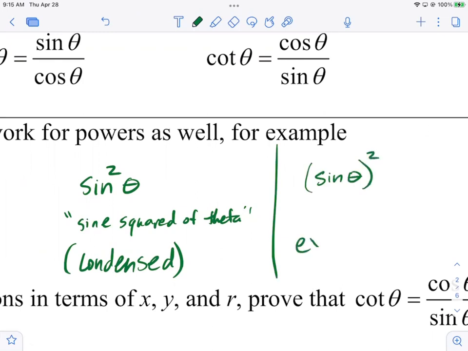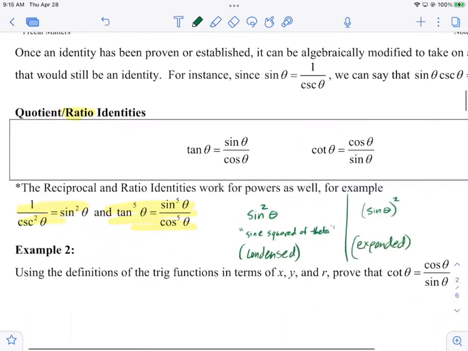This is the expanded version. And this one is good if we want to use it. All right. So if I actually wanted to evaluate sine squared of theta for a specific theta, I would write it on the right-hand side. I would find the sine of theta first, and I square the ratio. Okay. But we prefer to write it on the left just because it looks nicer and there's no parentheses, right? It has fewer things. The power is irrelevant for both the reciprocal and the ratio identities.